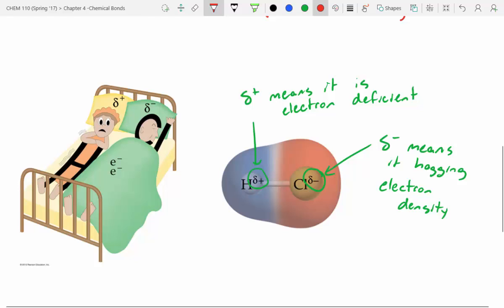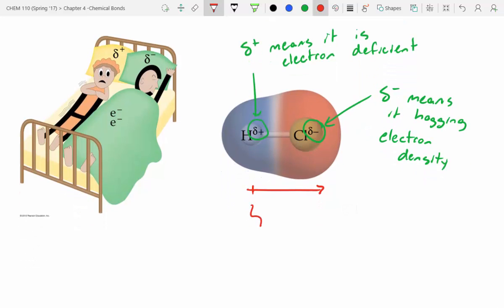If you use arrow notation, all you want to do is have an arrow pointing in the direction where the electrons are being pulled. But at the tail end, you want to make a cross mark. The way I remember this is that this end looks like a plus sign, so this is partial positive. And over here, that's where the electrons are being pulled to, so this one's partial negative.